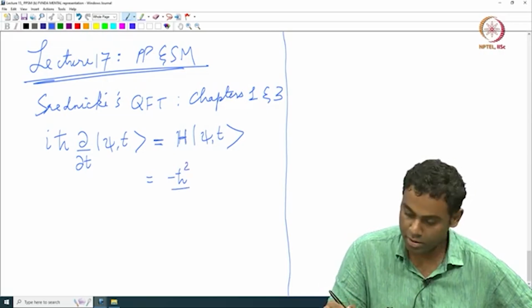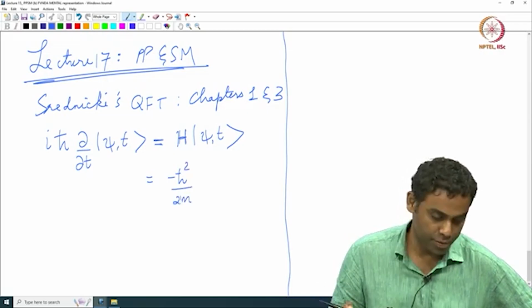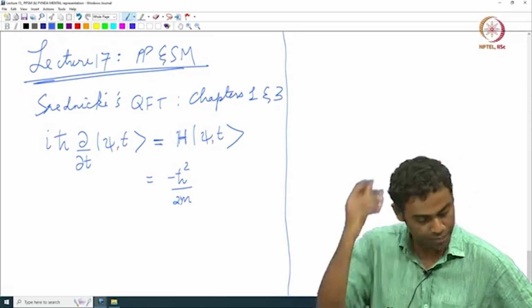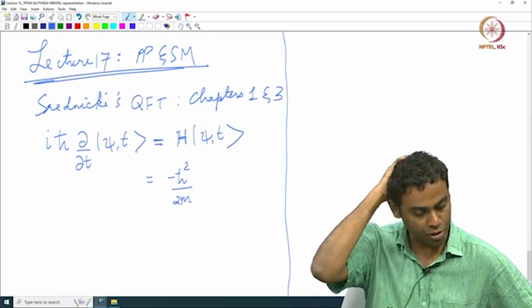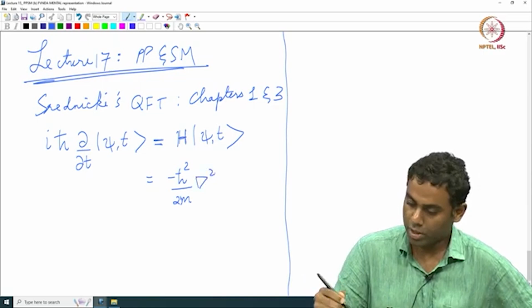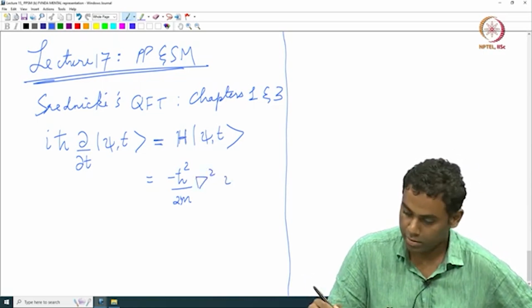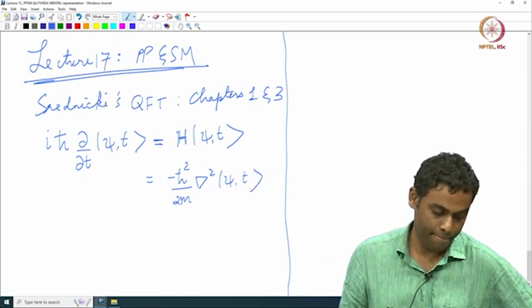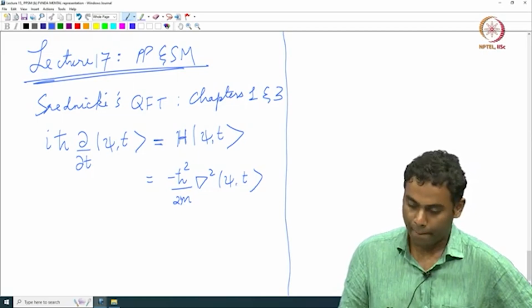So, that is nothing but p square over 2m, and then if I plug in the operator for p, I get minus h bar squared over 2m del squared psi, correct, okay.